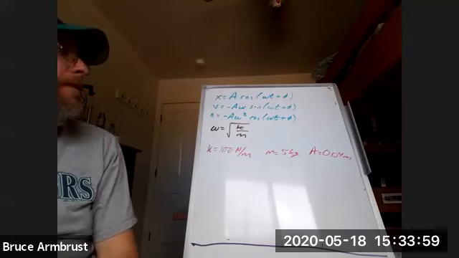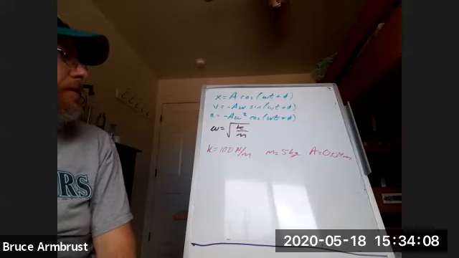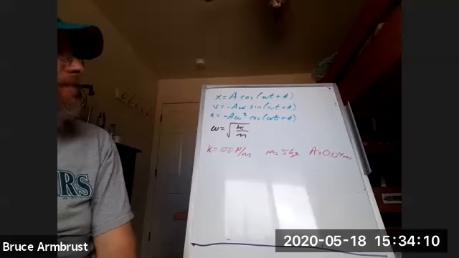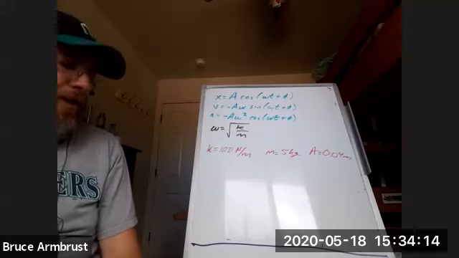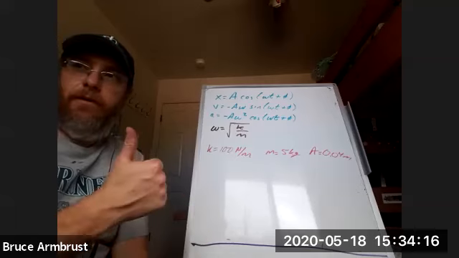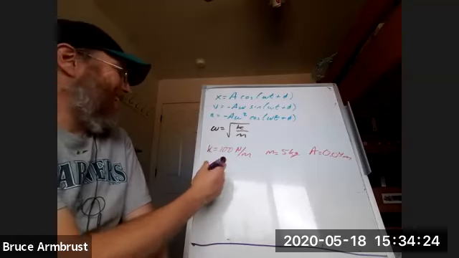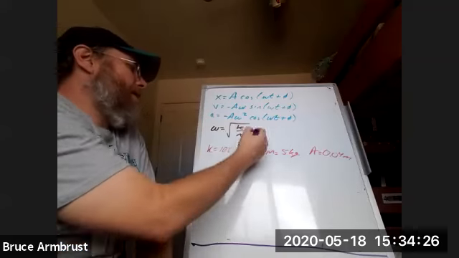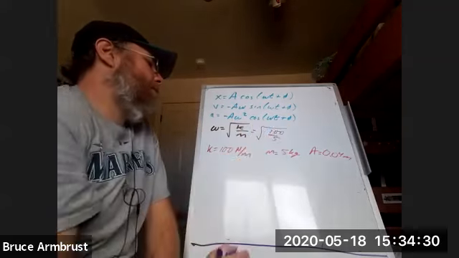All right, so we're ready to calculate omega. We've got our A, and then we'll worry about phi in a second. But we good so far? Good to calculate? Thumbs up. Okay, I like the verbal thumbs up. All right, so omega then is going to be the square root of 100 divided by 5.